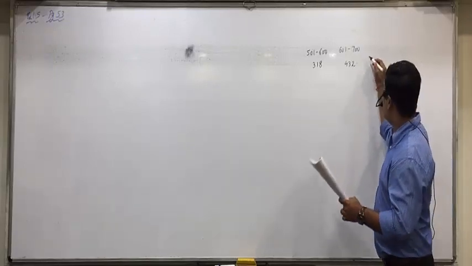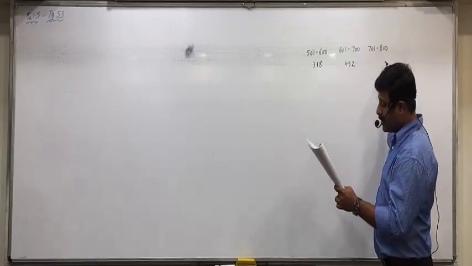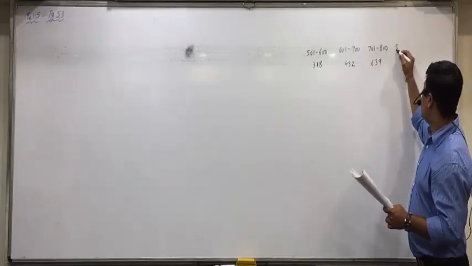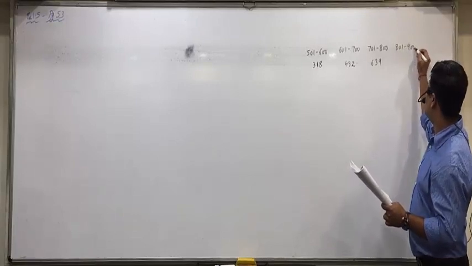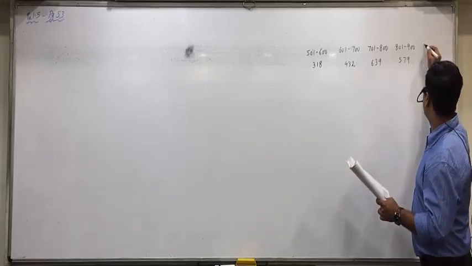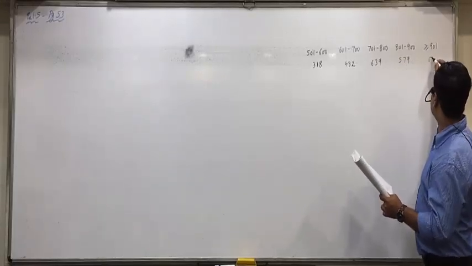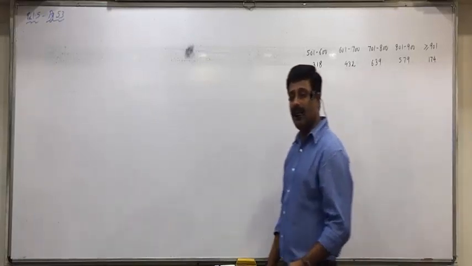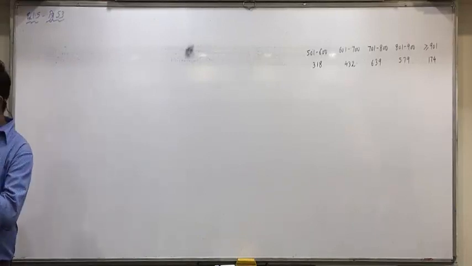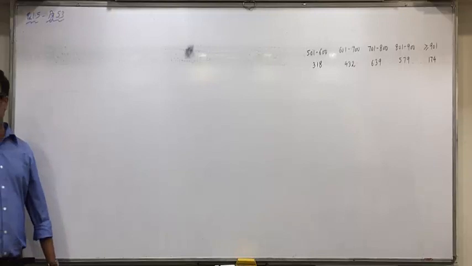Then 701 to 800 is the monthly traveling expense of 639 travelers. 801 to 900 is the monthly expense of 579 travelers, and more than or equal to 901 is the monthly expense of 174 travelers. Now, one person from this mega city traveling by local bus is randomly selected.